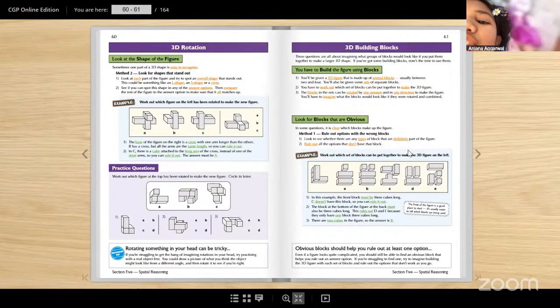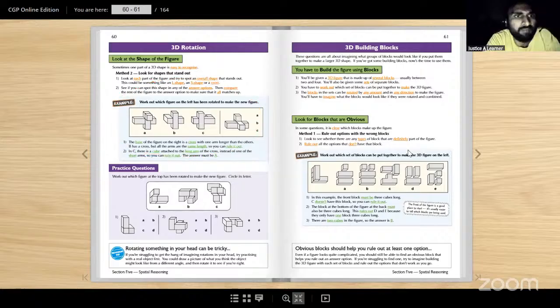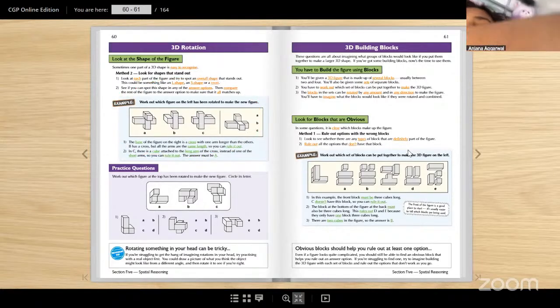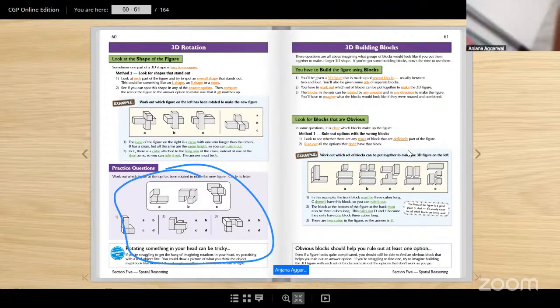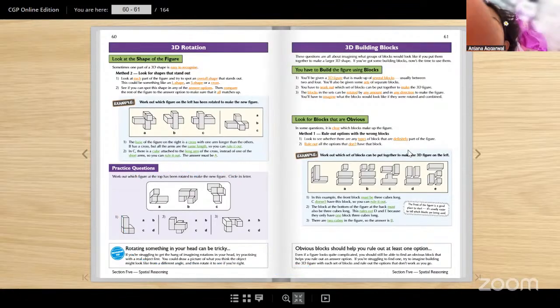Practice questions. Well, if this is the practice questions, what were these? Examples. Okay. Work out which figure. Oh no, this is how it would be formed.